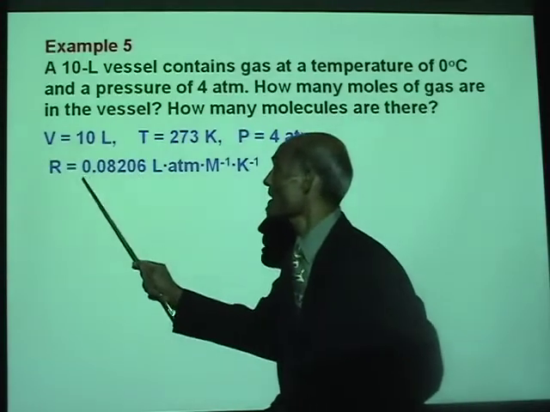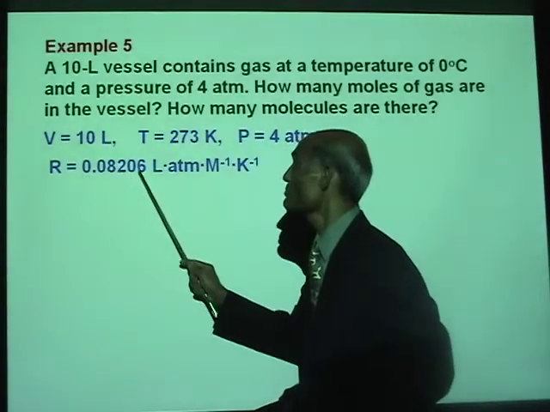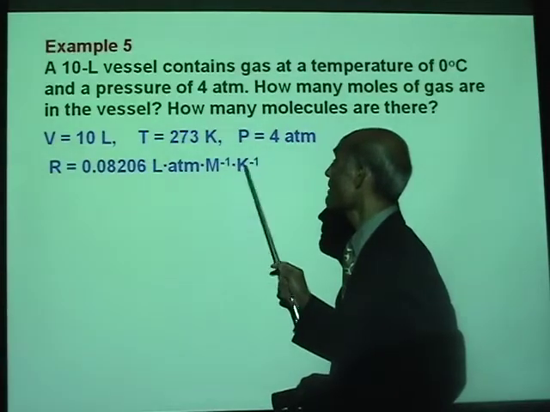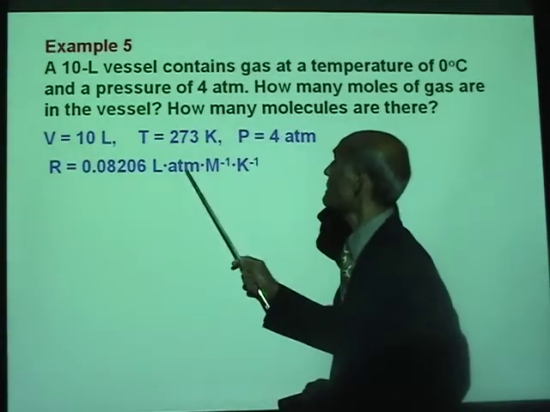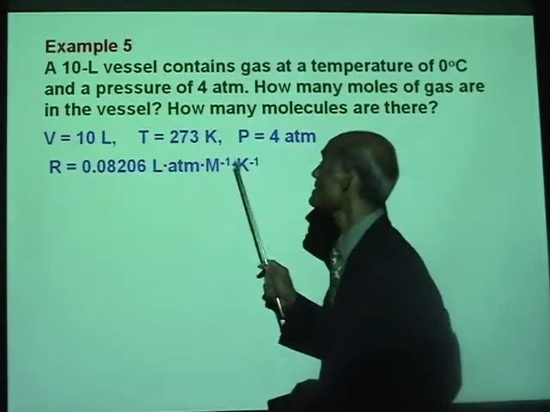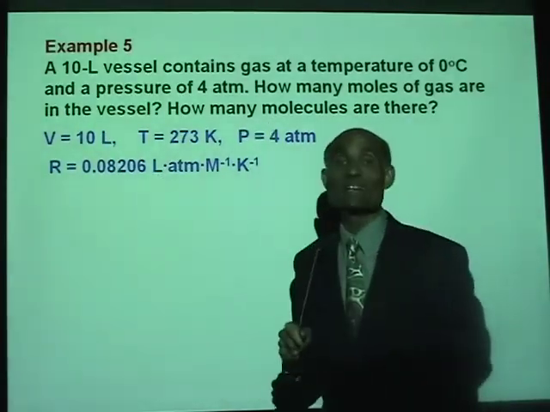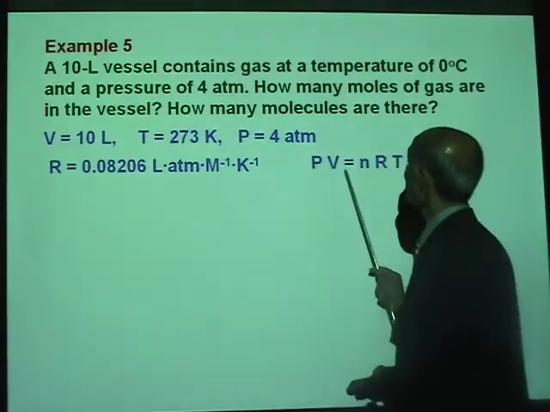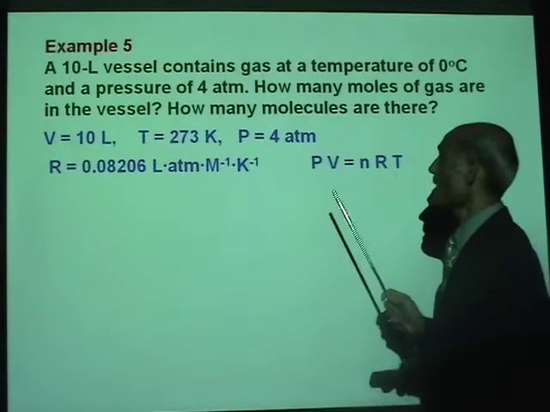The value of R is 0.08206 liter atmosphere per mole Kelvin when the pressure is measured in atmosphere, volume is measured in liters, the temperature in Kelvin, and so on. So don't forget that. Okay, PV equal to nRT.